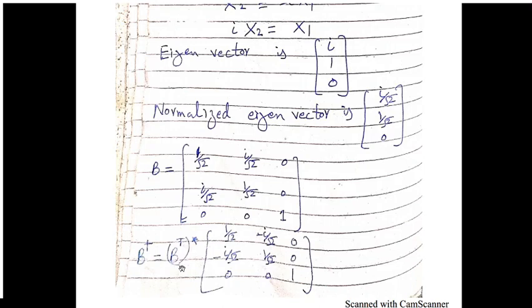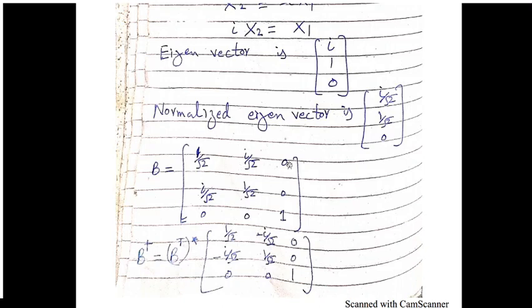Now what is this? Here we have calculated B dagger. Now what does this B dagger mean? If your matrix is real, then you simply calculate its transpose.